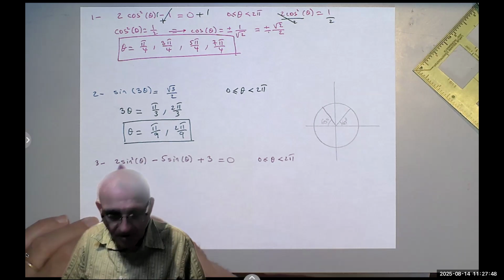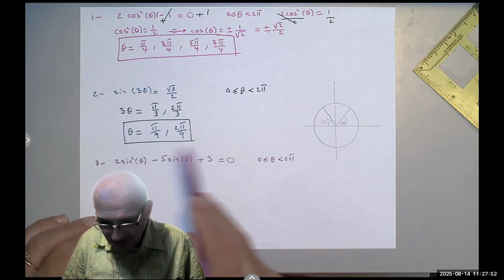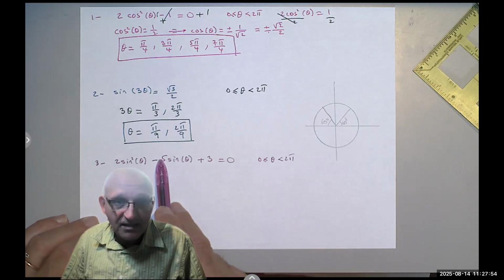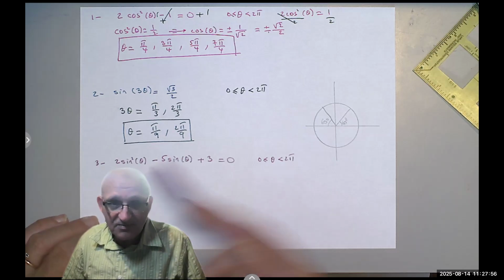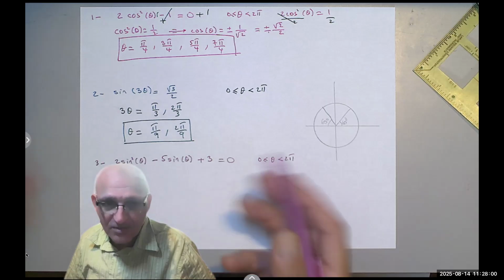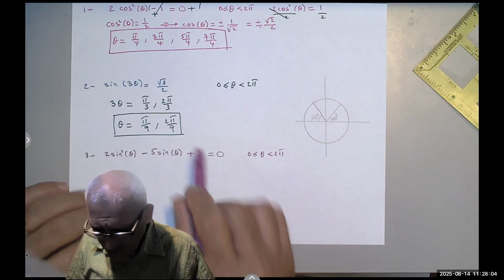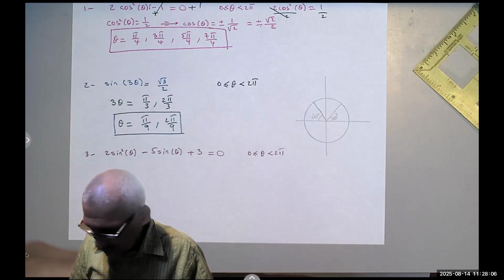Right? So you need two numbers that multiply to 6, which is 2 times 3, and add up to -5. So you have to find these numbers, right? -6 and +1. I'm sorry, -2 and -3.